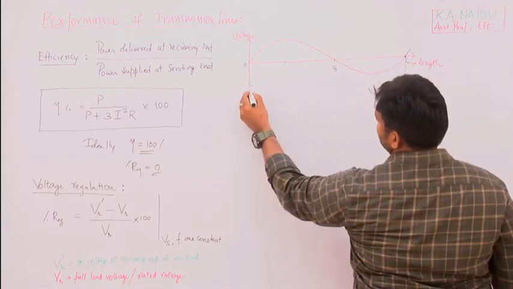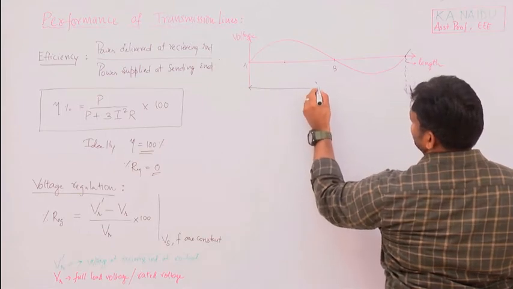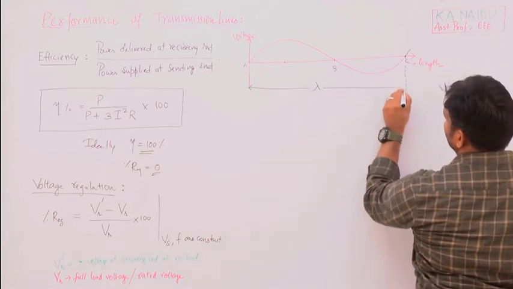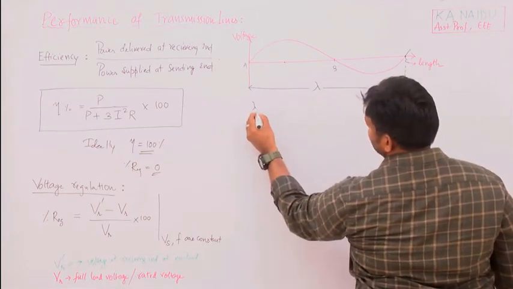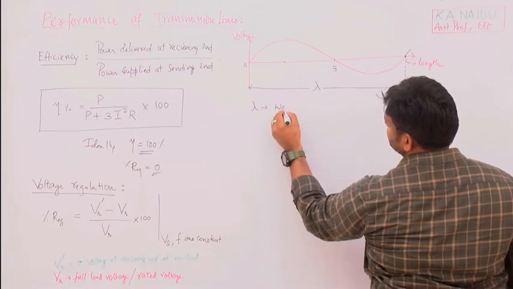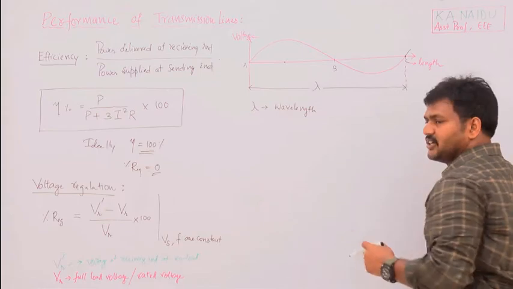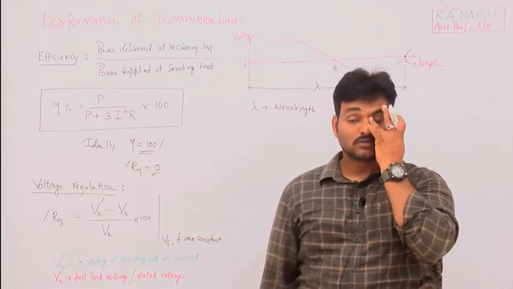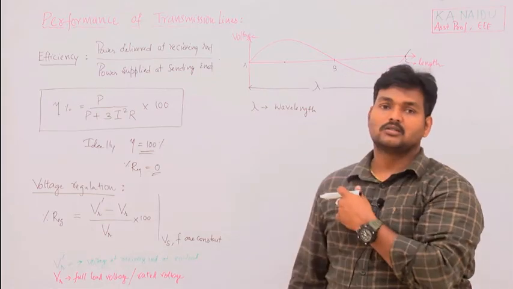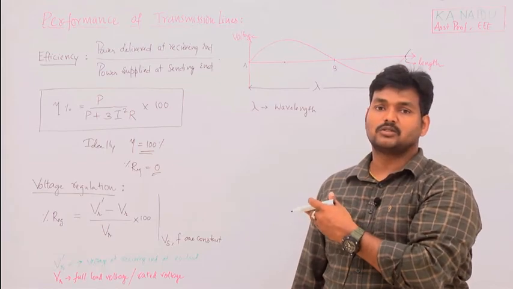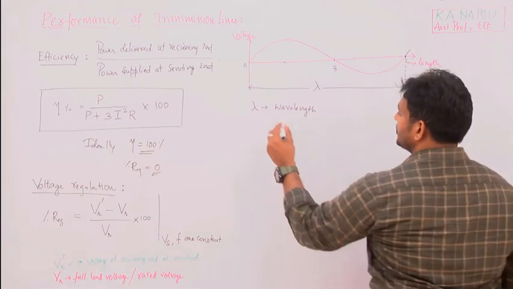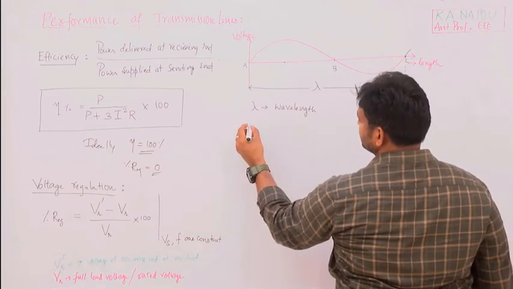So this length you can take as lambda, where lambda is called wavelength. This we will discuss in detail when we study transmission waves. Okay. Here this lambda is called wavelength.